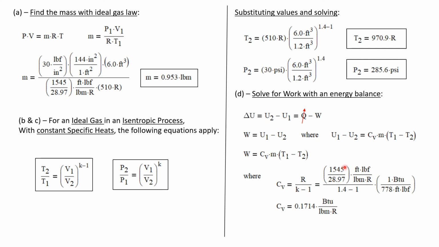Again, the gas constant is the universal gas constant divided by the molecular weight for air, which is 28.97, and that quotient having units of foot-pounds force per pound mass R. I'm going to convert foot-pound force to BTU and divide by K minus 1, where K is 1.4. And I calculate that C sub V is 0.1714 BTUs per pound mass R.